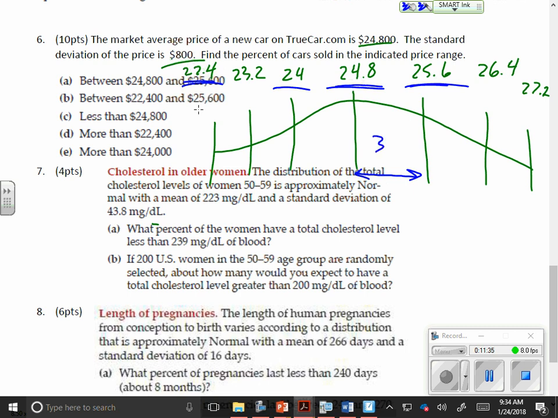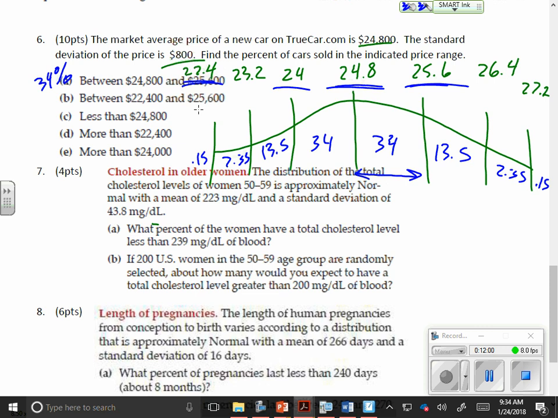It goes 34, 34, I can't remember. 13.5. And then 0.15. All right, so we wanted between 24.8 and 25.6, 34%.